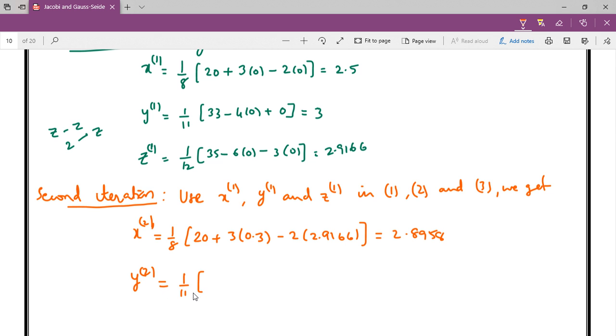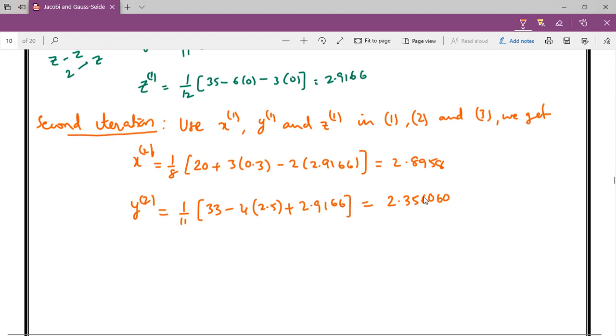Next we shall go for y2. So this is 1 by 11 into 33 minus 4 into x1, 2.5, plus this z value 2.9166. So this gives 2.356060. Now the last one, we calculate z2.